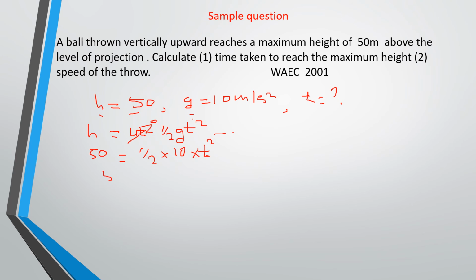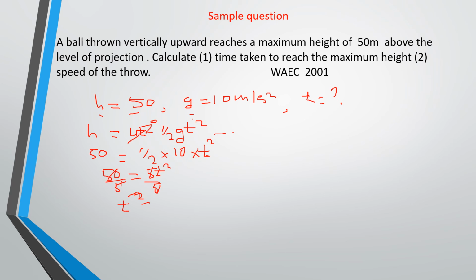You have 50 is equal to 5t squared. Divide both sides by 5 so that you have t squared as your subject of formula. When you do that division, you have t squared is equal to 10.